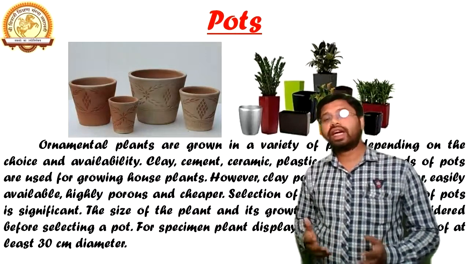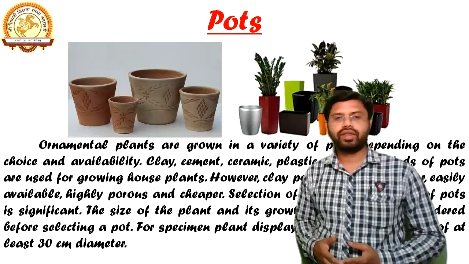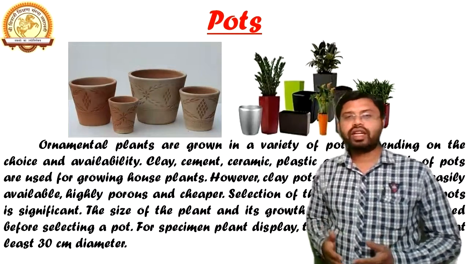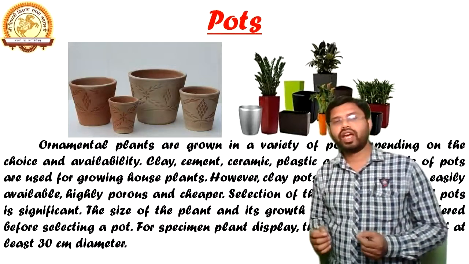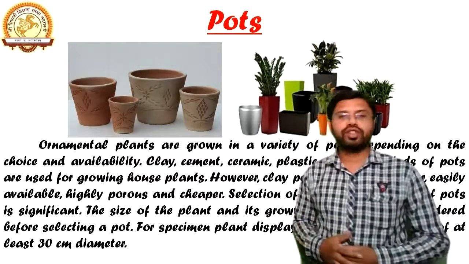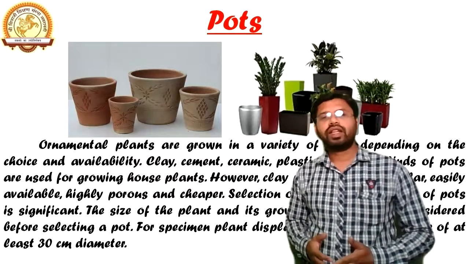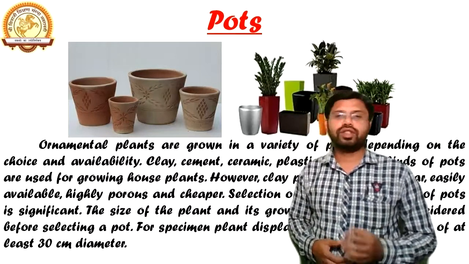They may be made of clay, cement, ceramic, plastic, or anything else. However, clay pots are one of the best and are used mostly for various plantation purposes because they are easily available, highly porous, and also cheap.